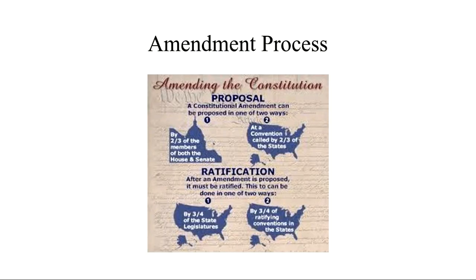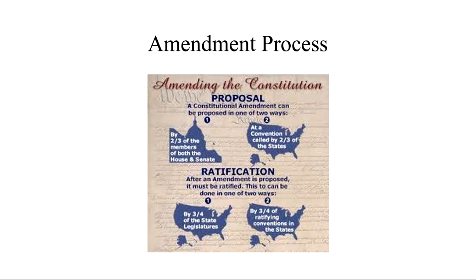Okay, so if we want to make a change to the Constitution, I know this is a little difficult to read. There's two ways for a constitutional amendment to be proposed. The first is by a two-thirds majority vote of the House and a two-thirds majority vote in the Senate.